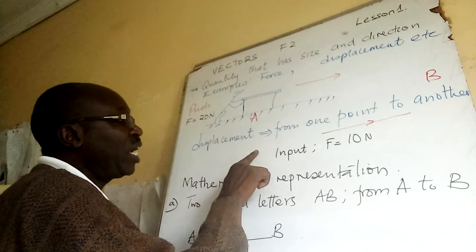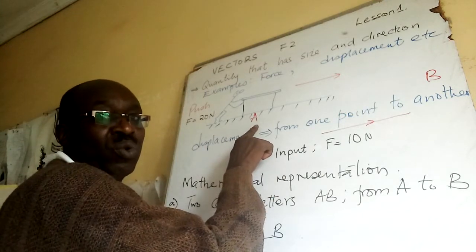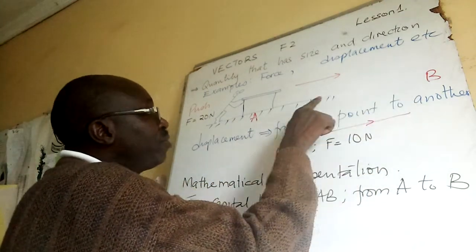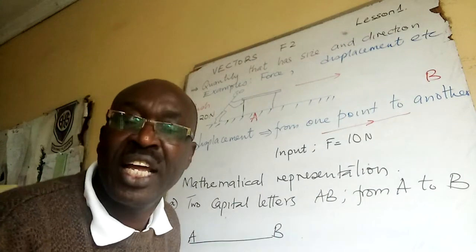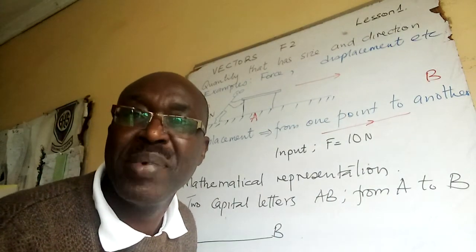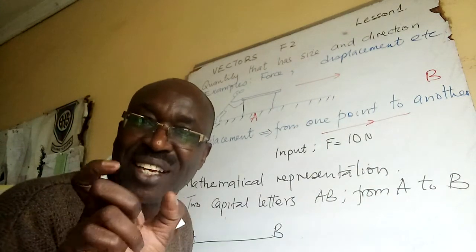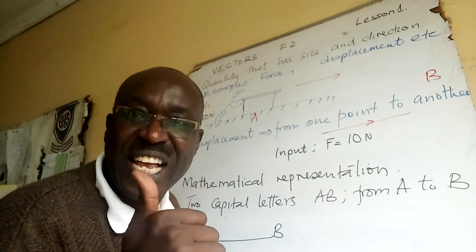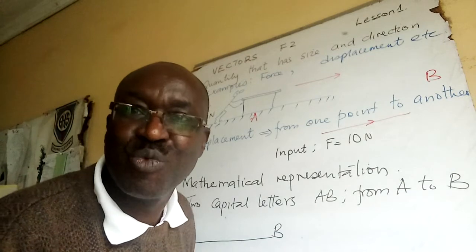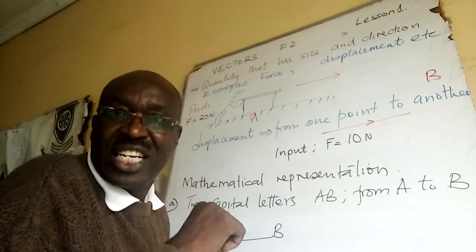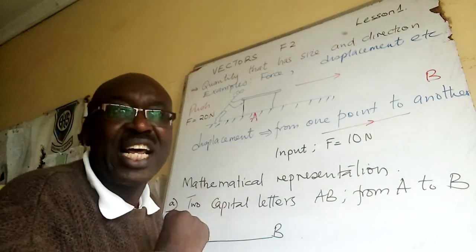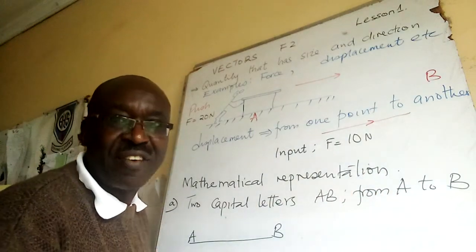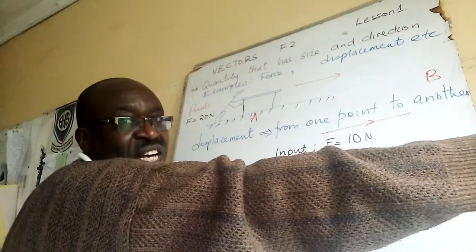So we are going to get how far B is from A. We shall use a measuring tape or meter rule. We shall say 12 meters. So you see, the figure 12 signifies the size of that movement. Since it is from A to B, direction is already given. It is towards that side.